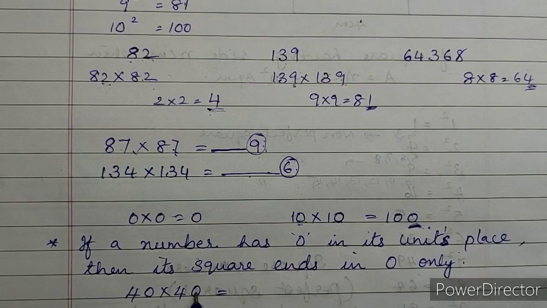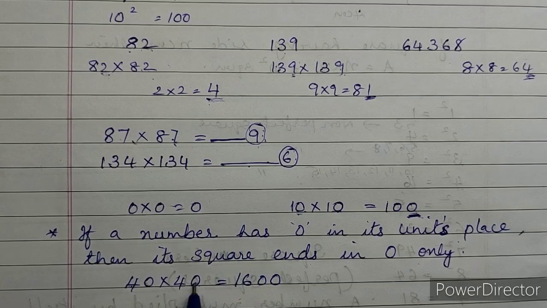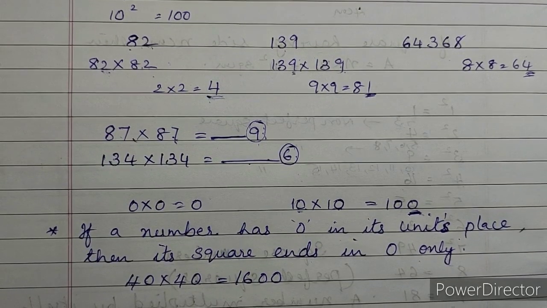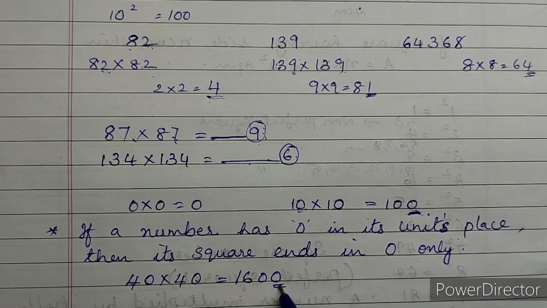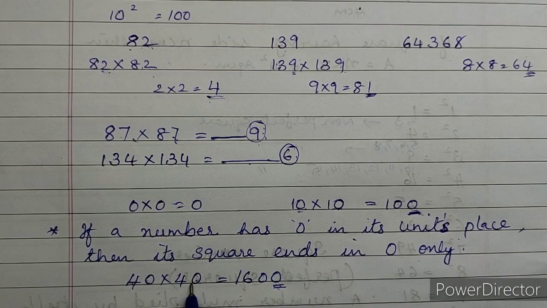The number is ending with 0. 4 fours are 16 and 2 zeros you have to put. This is the easy multiplication. Number part you multiply. How many zeros are there? You have to put the zeros there. So, what is the number ending in the perfect square number of 1600? 0 only. So, wherever 0 comes in the unit place digit, then the perfect square will have 0 in its units place only.